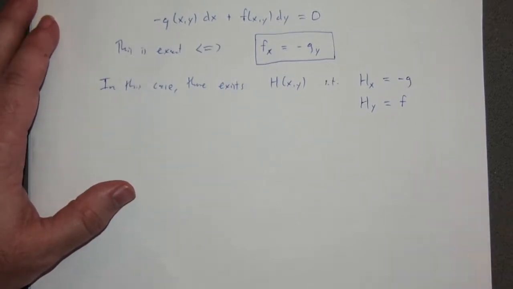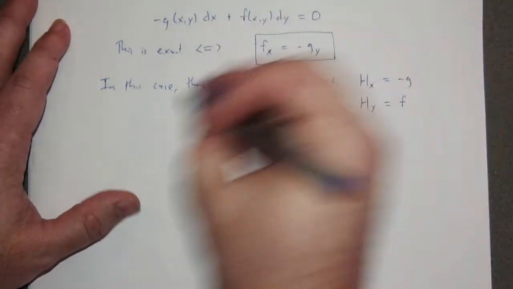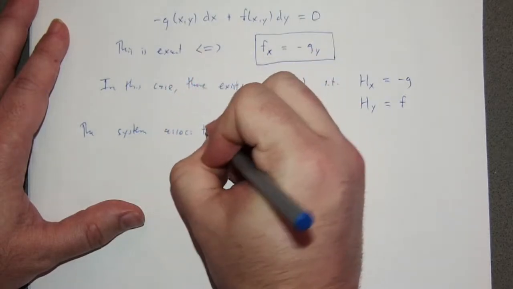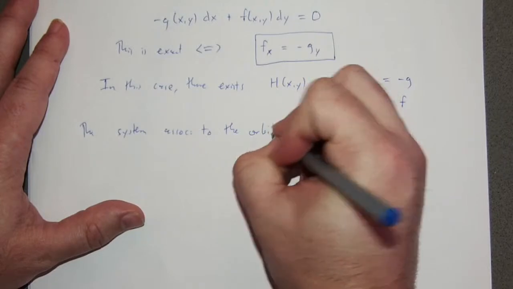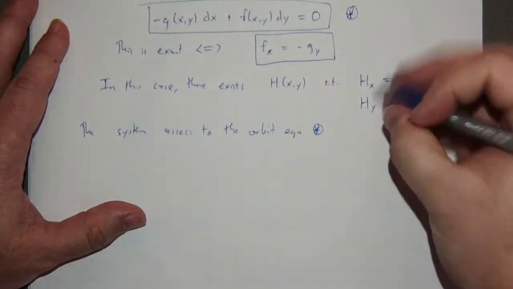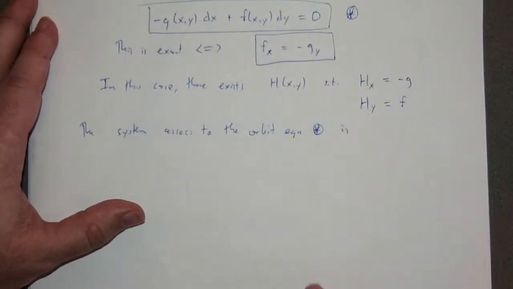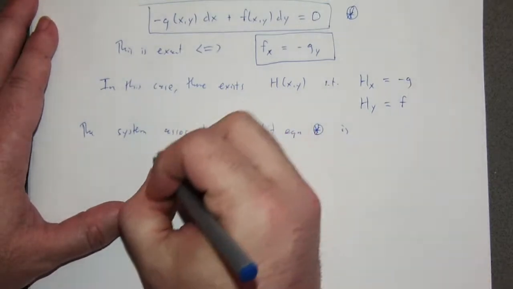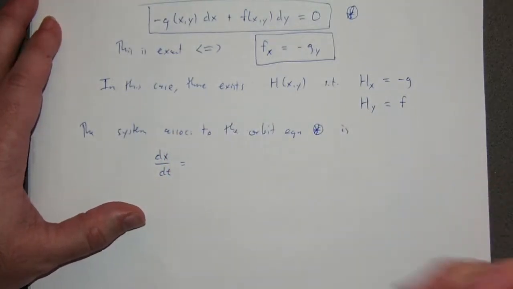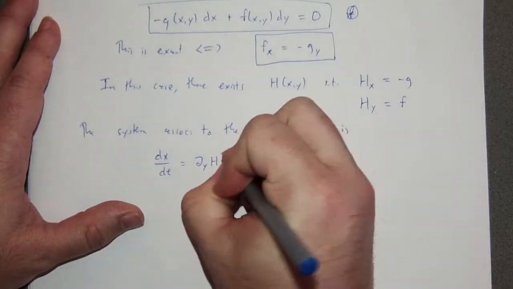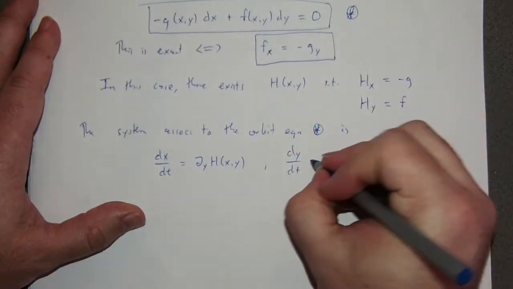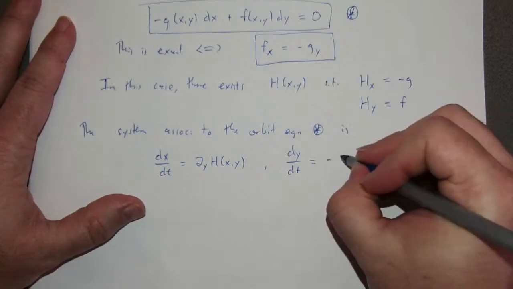Okay, and therefore we could rewrite this system. So the system associated to the orbit equation above, that I'll call star, is or can be rewritten as dx dt is equal to f, but f is the y partial of h, and dy dt is equal to g, which is minus the x partial of h.